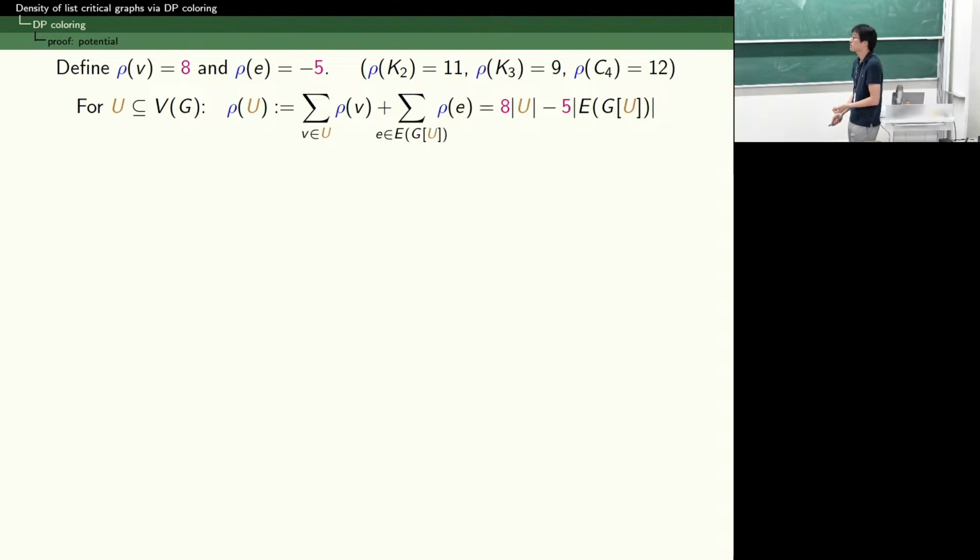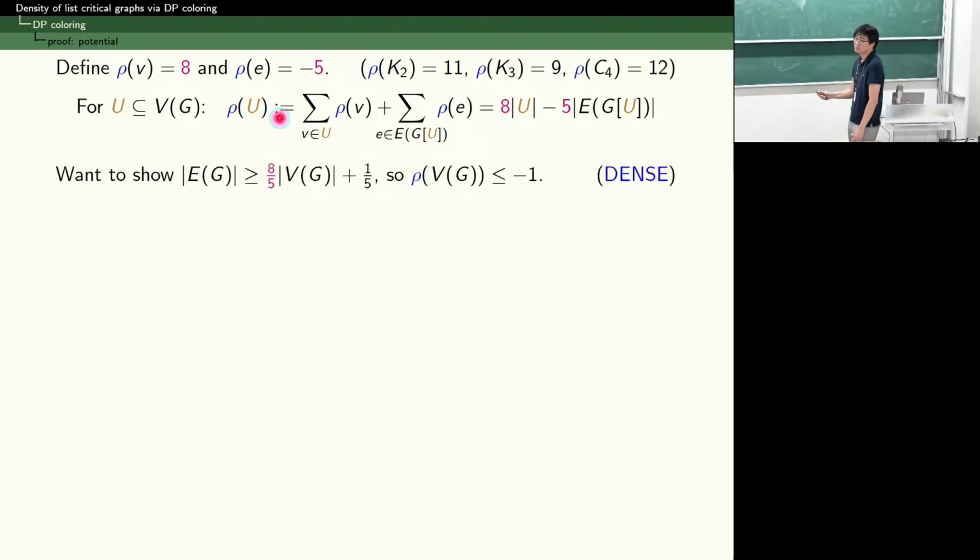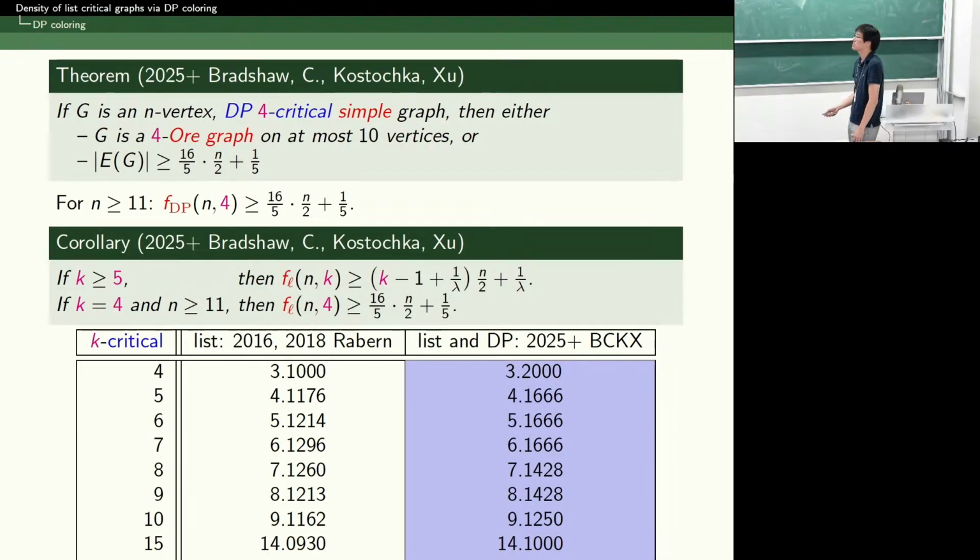How do we get these numbers 8 and negative 5? We had a goal: we wanted to show that the number of edges is some number times the number of vertices. So the denominator becomes the weight of the edge, and the numerator becomes the weight of the vertex. Here it's 8 over 5, but our theorem says 16 over 5. That's because here it's n over 2.